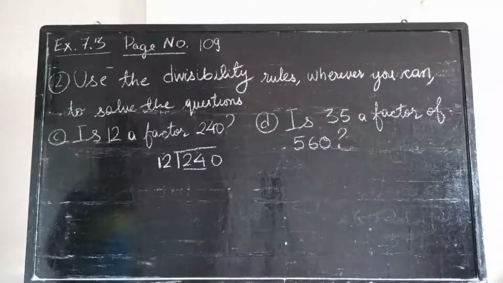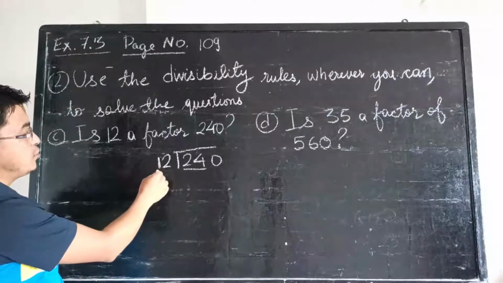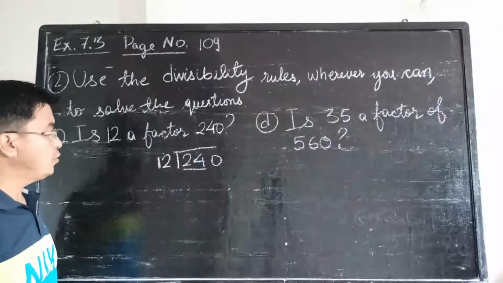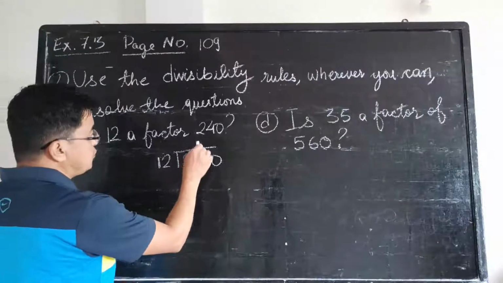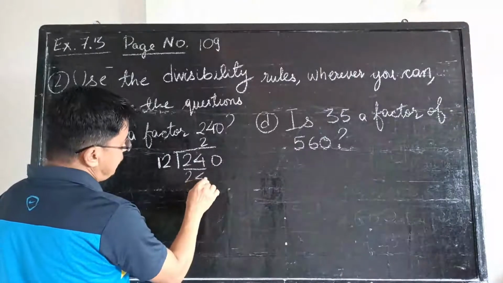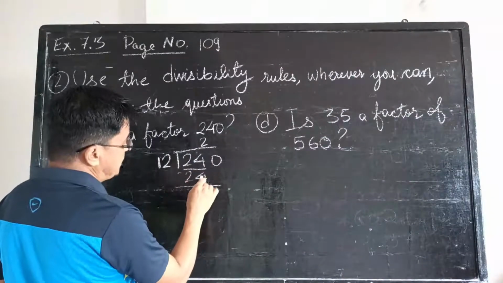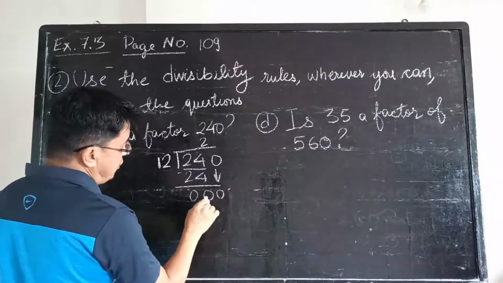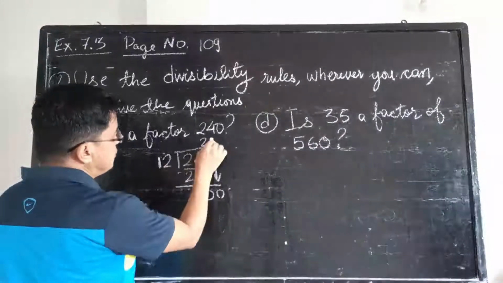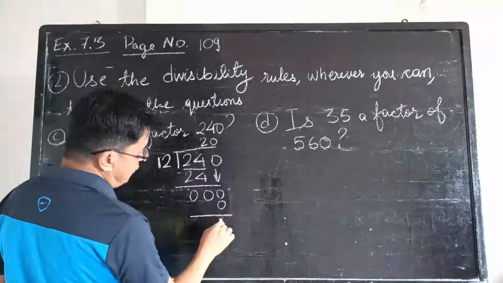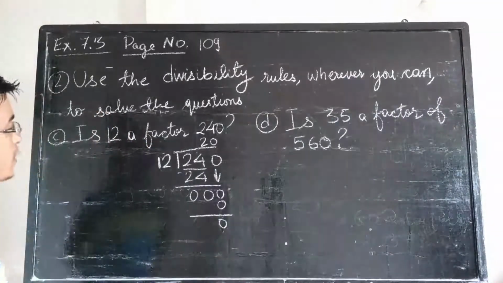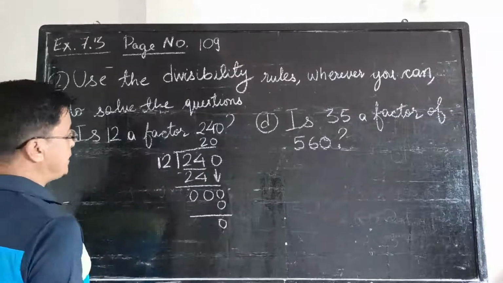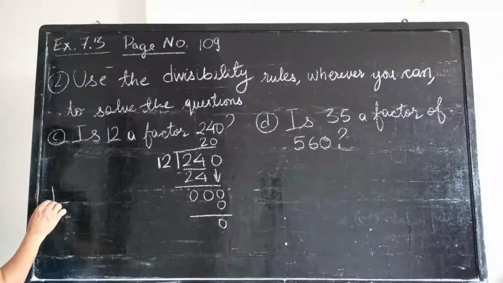So 24 is bigger than 12, so 12 can divide 24. 12 twos are 24, minus 24, 0. Now bring down this 0. 12 zeros are 0. No remainder. Since 12 can divide 240 exactly, 12 is a factor of 240.